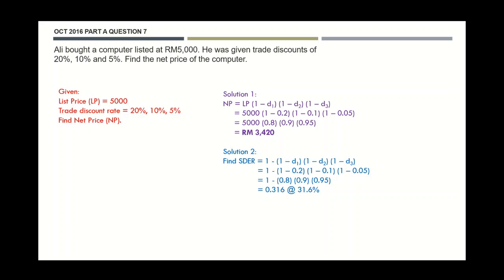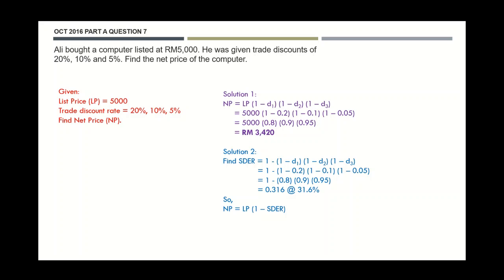This is the single discount equivalent rate that is equivalent to the three trade discounts, 20%, 10%, and 5%. Once you have the SDR, then you can find the NP using the SDR in replacing the chain discount just now, right?